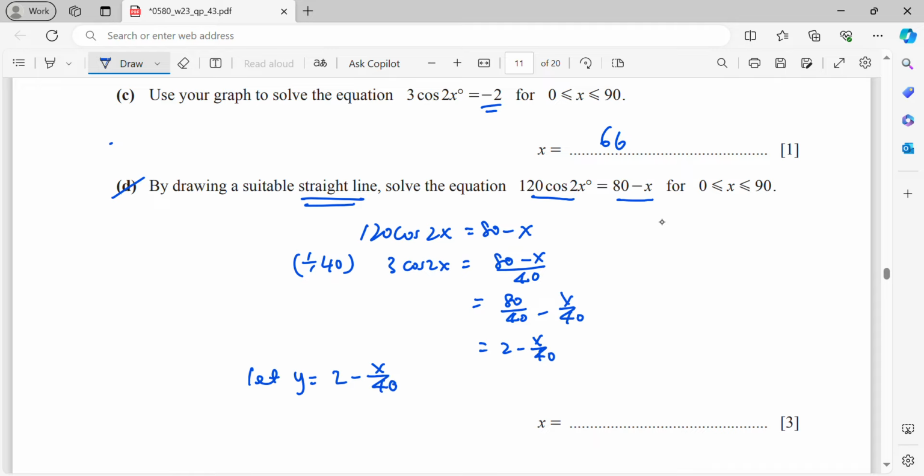So now you need to solve this equation, which means the intersection between 3 cos 2x and this line. So to get this line, I let x be 0. Then my y will be 2. When my x is 40, my y will be 2 minus 40 over 40. That is 1. Okay, so I get 2 points, (0, 2) and (40, 1).